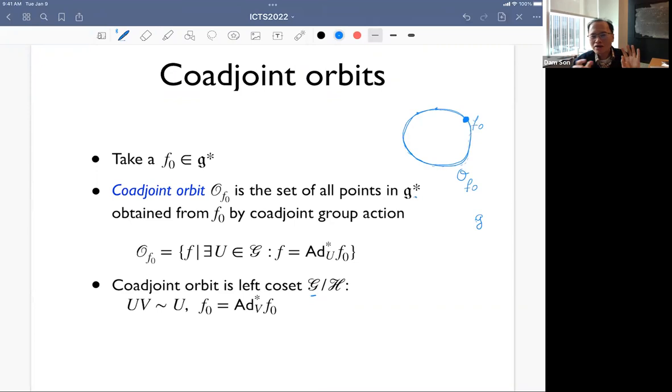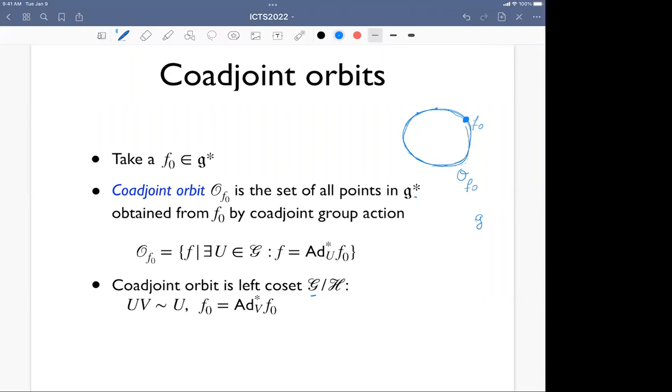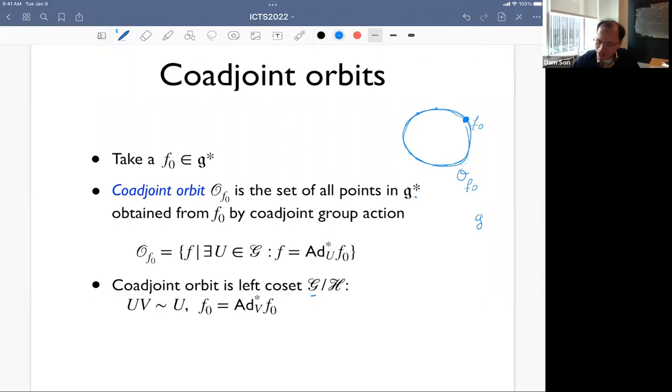For G star, there is no natural commutator, but as we will see, there is a natural symplectic form on the coadjoint orbit. So G star is not any sort of generator as such. It's not a generator. Yeah.